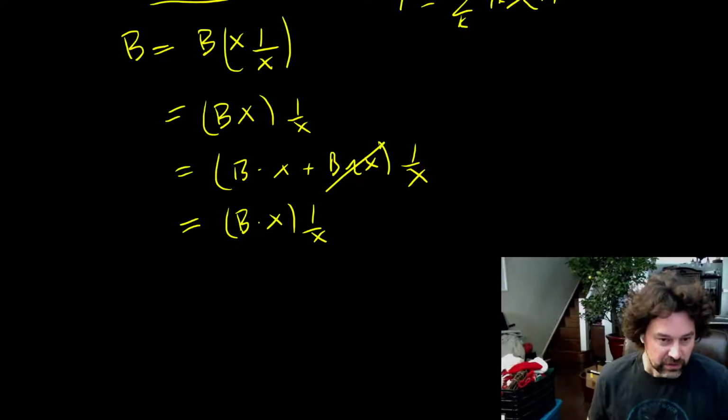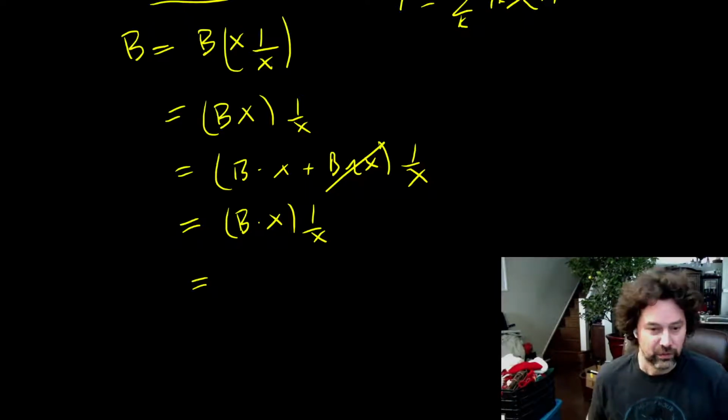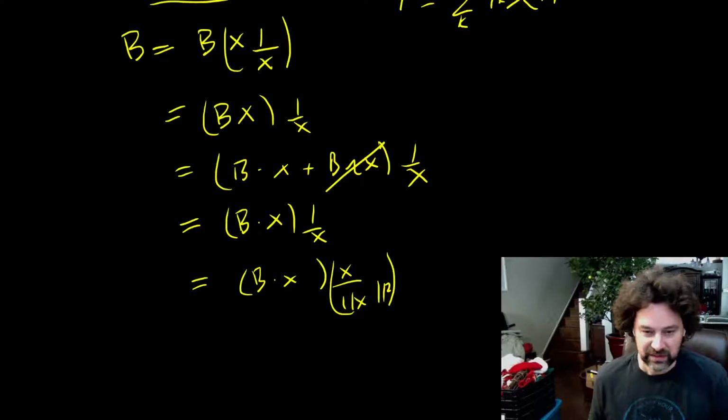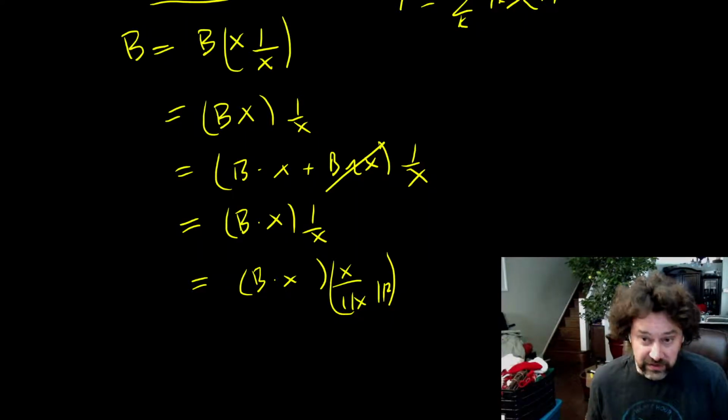We can write this out in different ways. We can say that this is b dot x times x over x squared. So now it's more clear. This is x inverse, but this is one vector factor of b, and this is another vector factor of b. And the reason that these are orthogonal, and we'll see this in a little bit, is that, well, actually, we've already shown it.